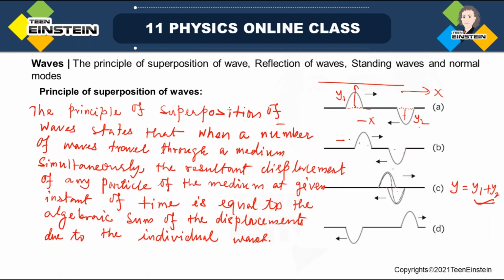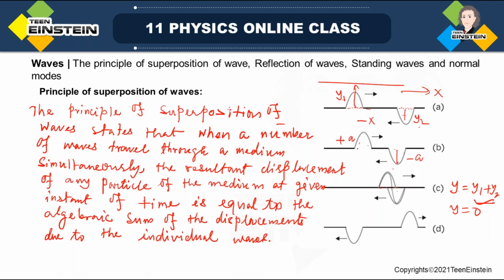Suppose this is positive a, and this has amplitude of displacement negative a. If we add both of them, you should be getting zero displacement according to the figure. That's why, look here, this black sign means the element is not displacing or oscillating, rather it is at this position itself.